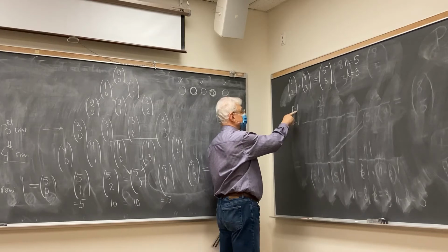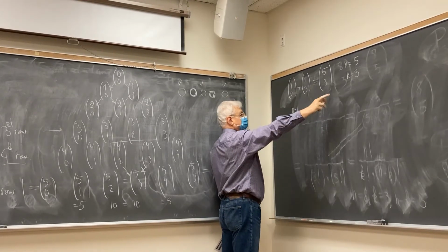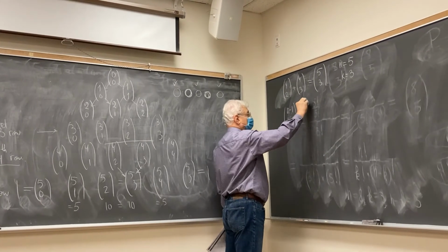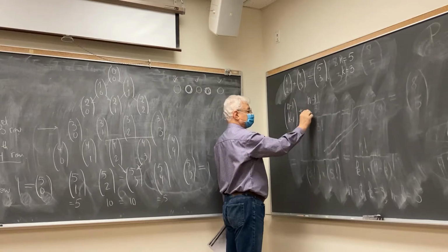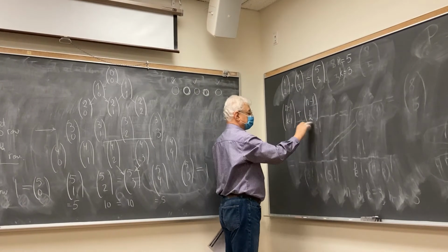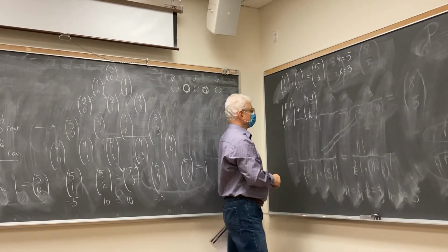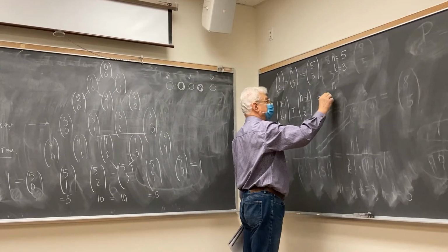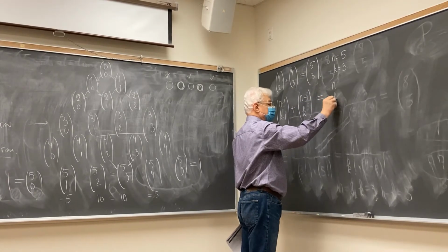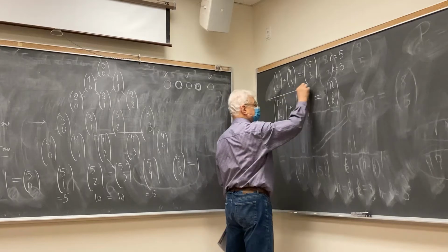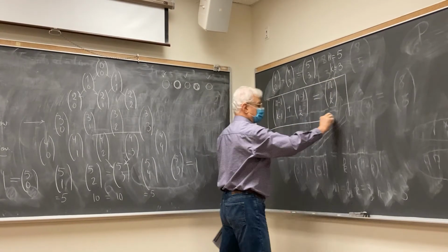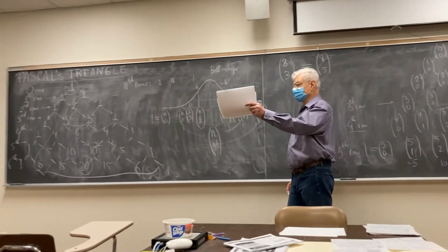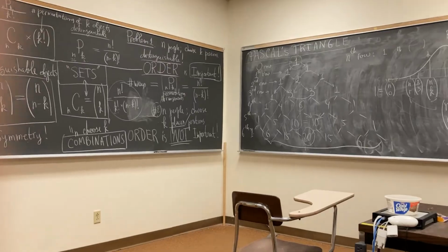So n minus 1 is 5 minus 1, which is 4, and k minus 1 is 3 minus 1, which is 2. So we have n minus 1 choose k minus 1, plus again n minus 1, but this time you choose k. They are located next to each other, and the answer will be the number from the other row, n choose k. And that is another fundamental formula for combinations.